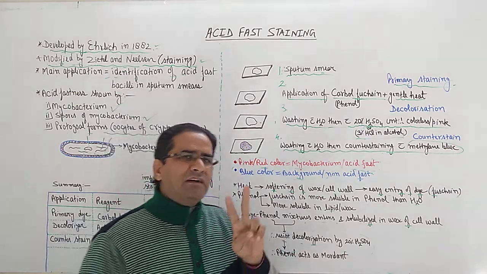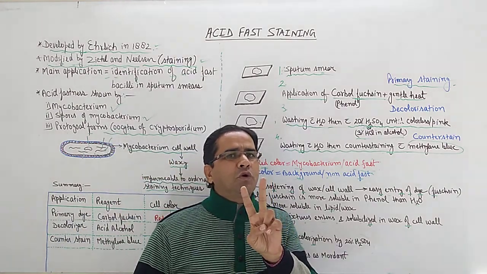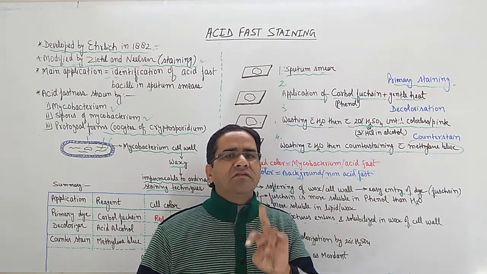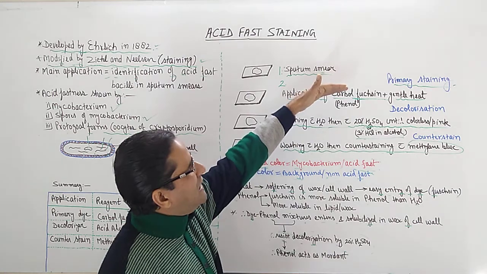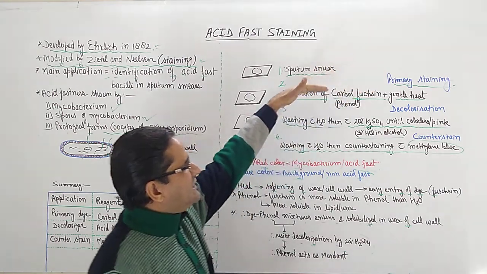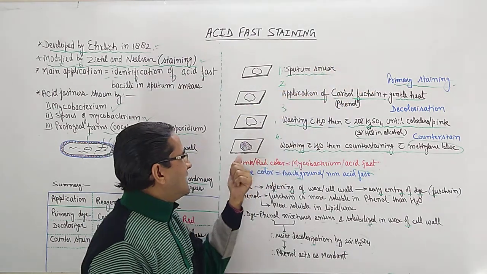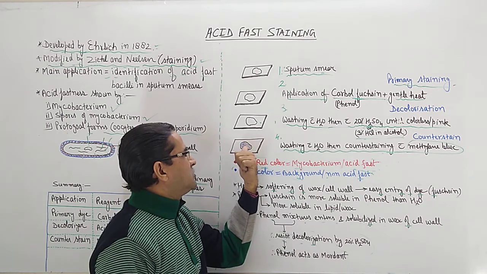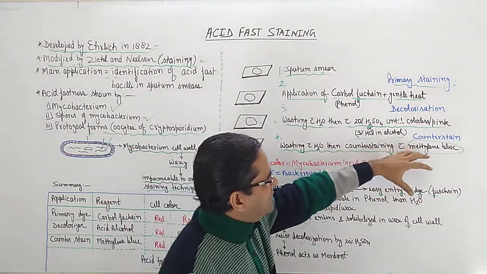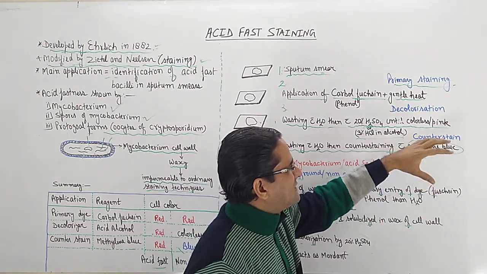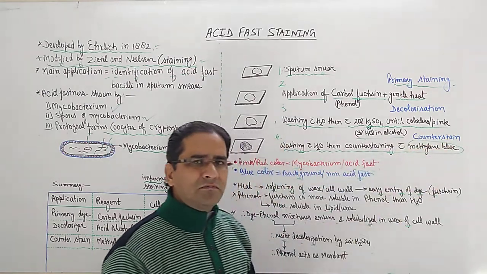Now we have seen that we have used 2 different types of dye with different colors. This is the first color given by the primary dye and it is red. So our sample will show red color, or our sample will show the color imparted by the second dye, that is methylene blue.